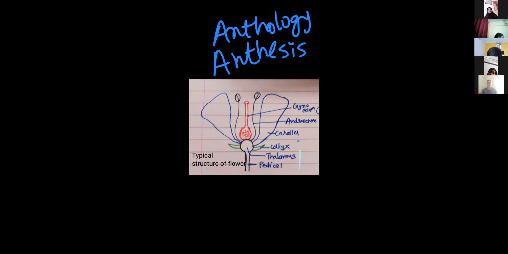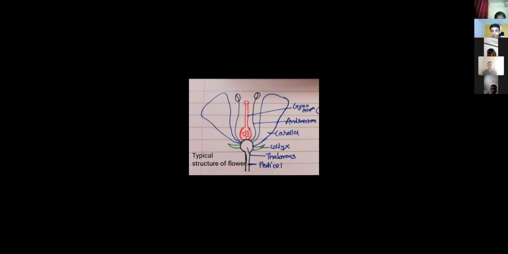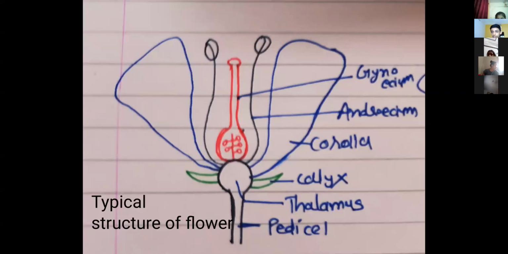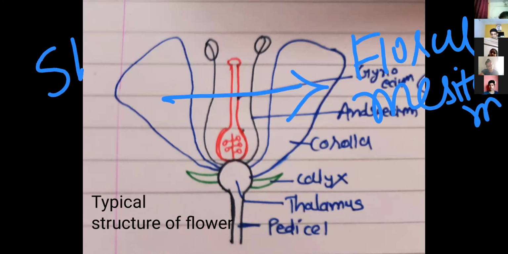Next, now we are going to study the typical structure of a flower. As we have discussed, the shoot tip part is modified into a flower. The meristem tissue involved in the formation of a flower we call floral meristem.